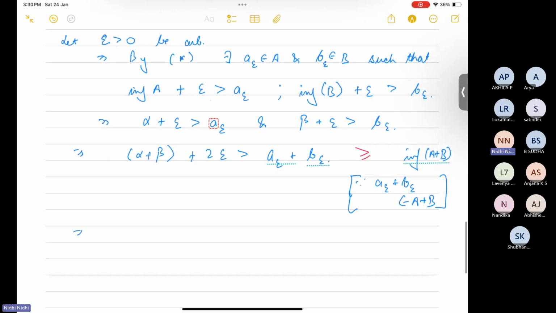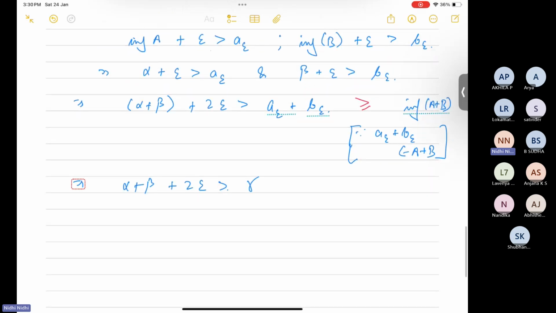So this gives us alpha plus beta plus 2 epsilon is strictly greater than gamma, because infimum of A plus B is gamma. Now this epsilon was arbitrary. I can take it as small as I want. So I will take it tending towards 0.